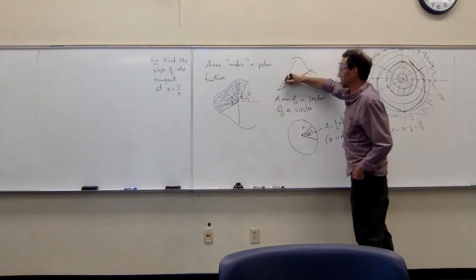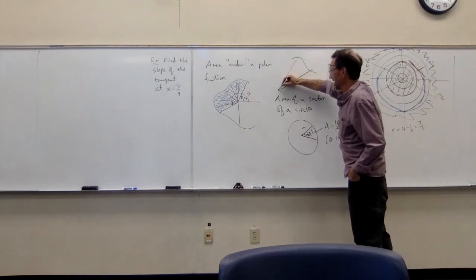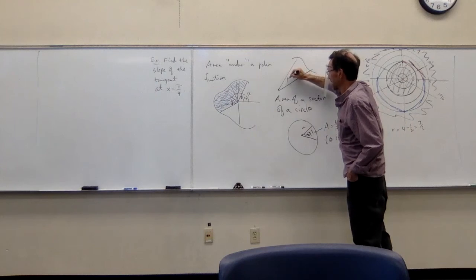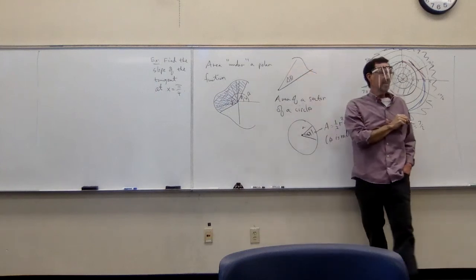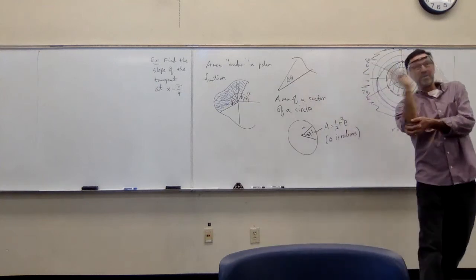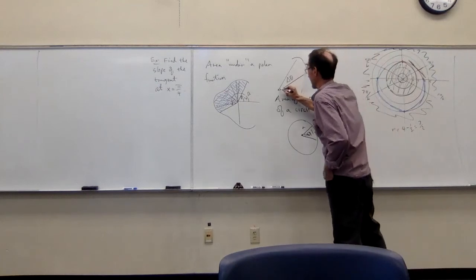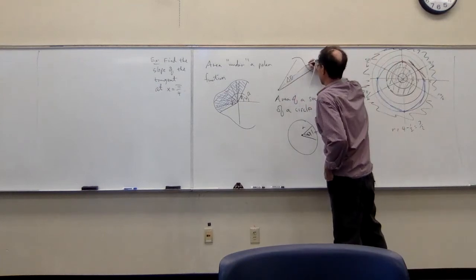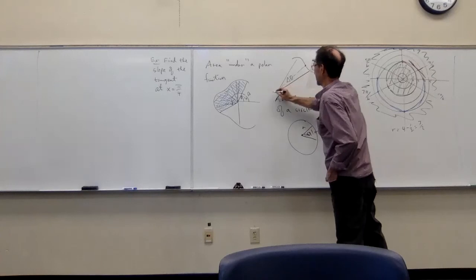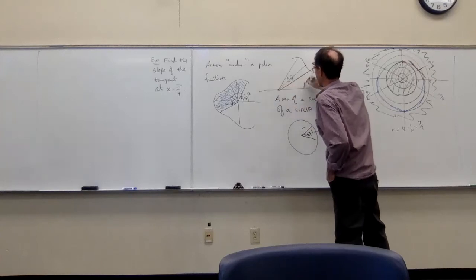And so what we're going to do is pick some angle in between here. By the way, this angle comes right straight from our partition. We'll call it delta theta. Chop it all up, and each one of those has an angle delta theta. We'll pick one angle that lies inside here, and we're going to call that angle theta i star.